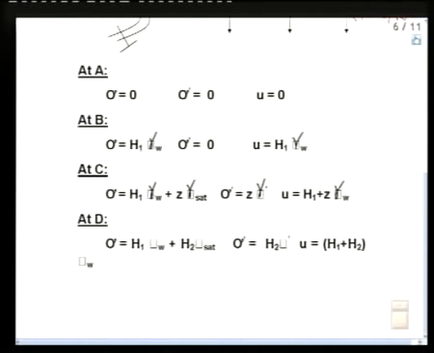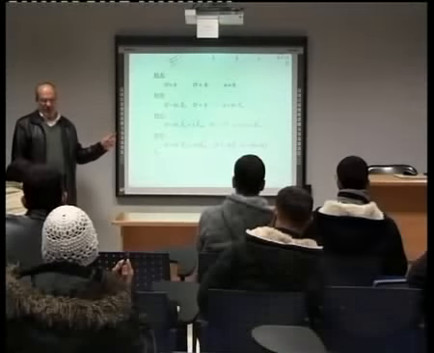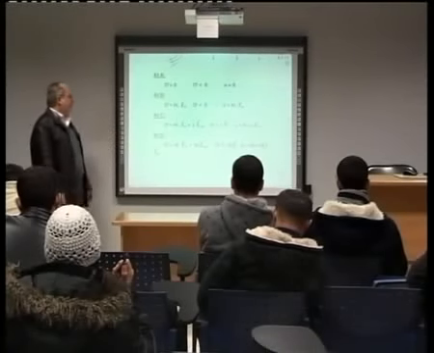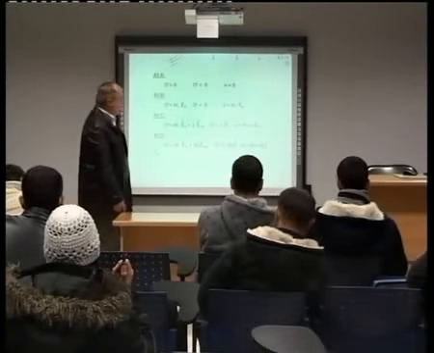And then at D, sigma equals H1 gamma water plus H2 gamma saturated, sigma prime is H2 gamma effective, and U is H2 multiplied by gamma water, right? We already put this on the drawing. So this is the first condition.